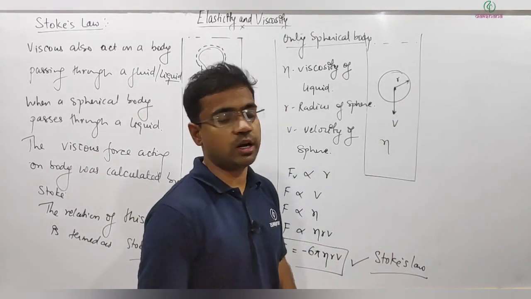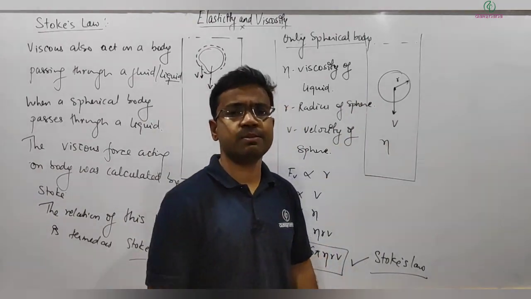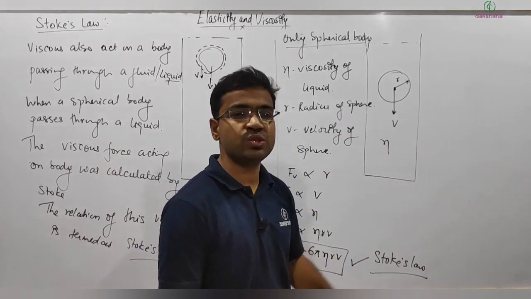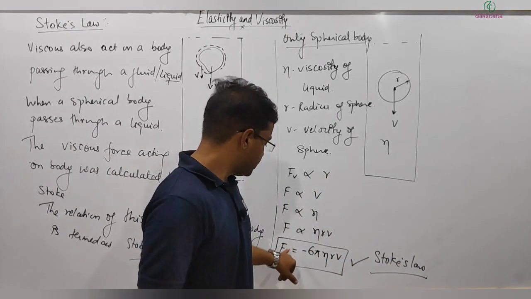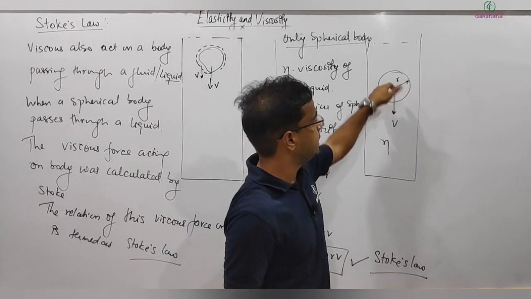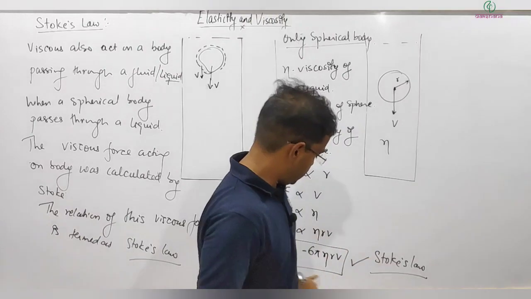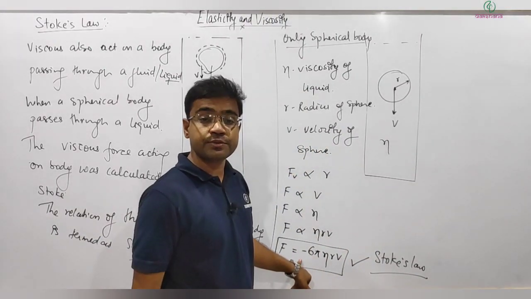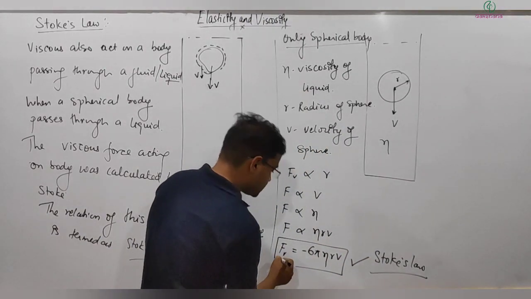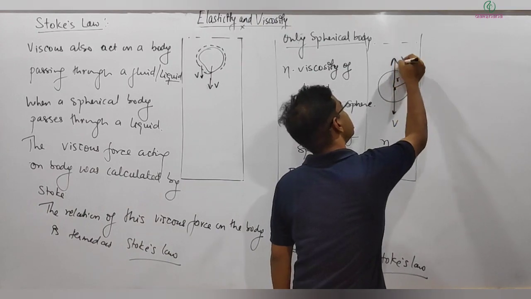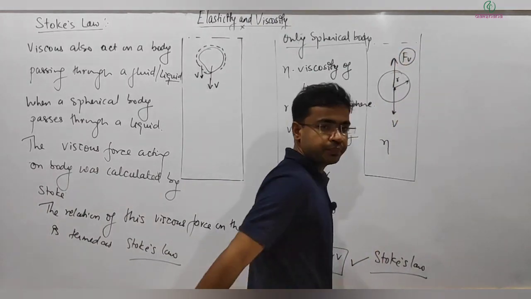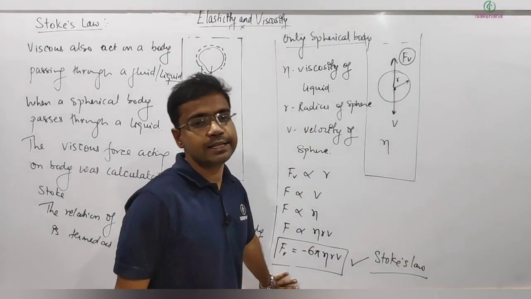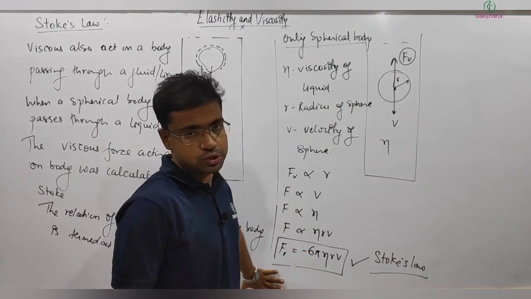Different experiments were done by changing the radius, the speed, the eta and so on. Then it was observed exactly on what factors it depends. Now here you can see if the body is moving downward, this will be an opposing force. So the viscous force will be acting in the upward direction. This relation is simply termed as Stokes law.